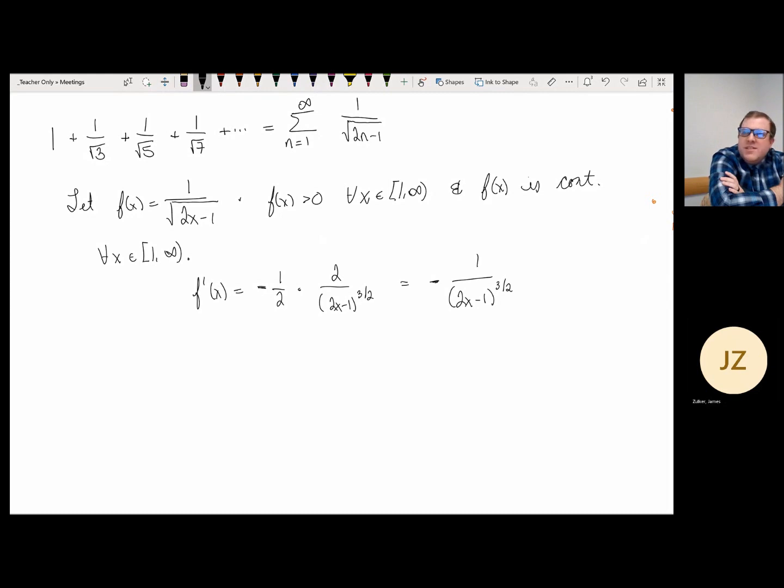There are no points of discontinuity on our interval. This means that f prime is defined everywhere. It's also clearly never equal to 0, so we have no critical points.